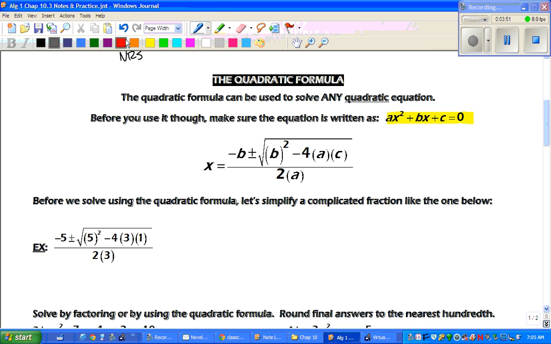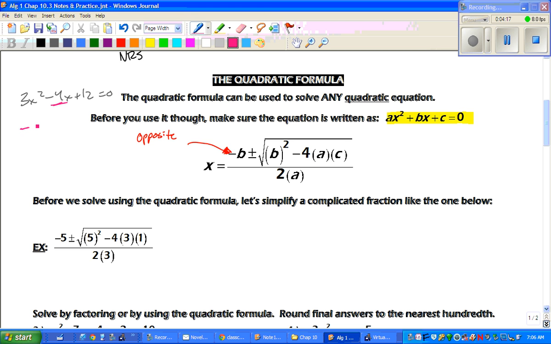Now, a couple things to note. That is not negative b. That is the opposite of b. Because think about it. If we have 3x squared minus 4x plus 12 equal to 0, that's my b.